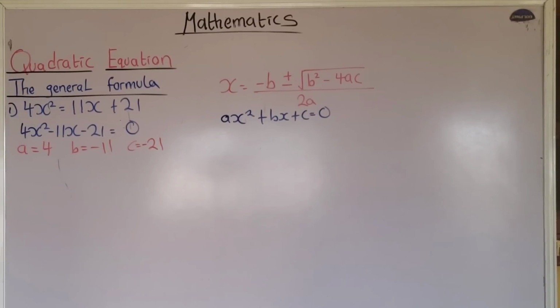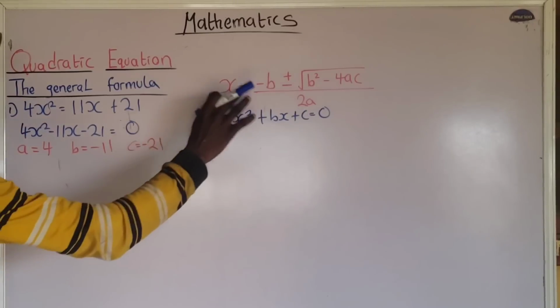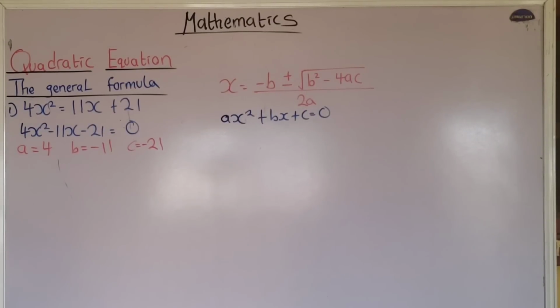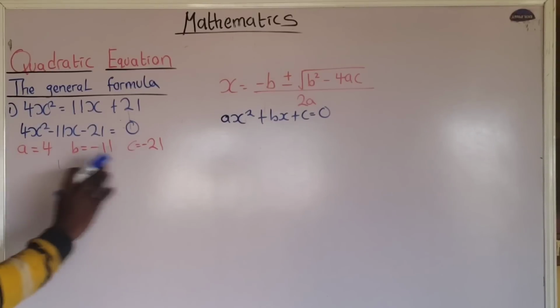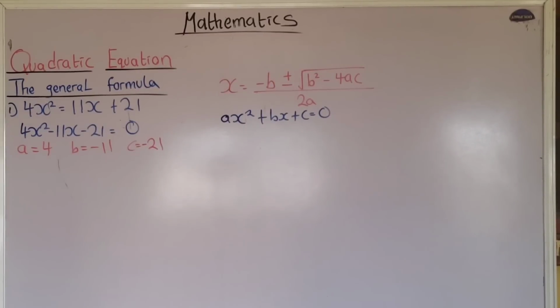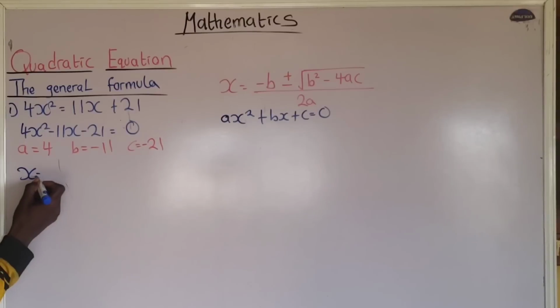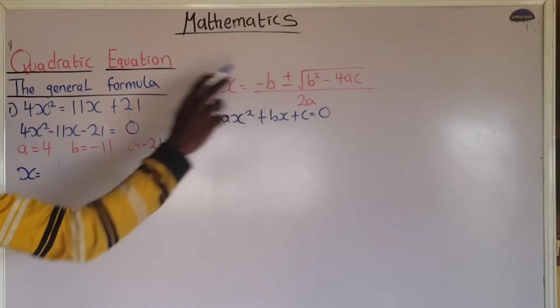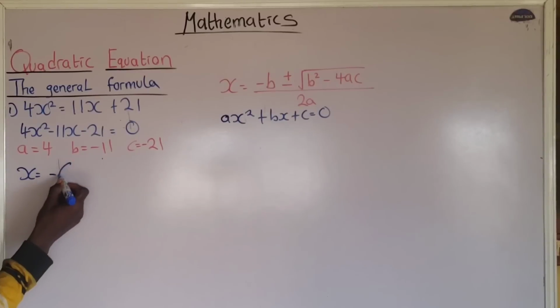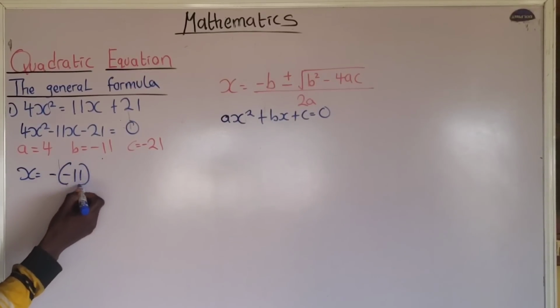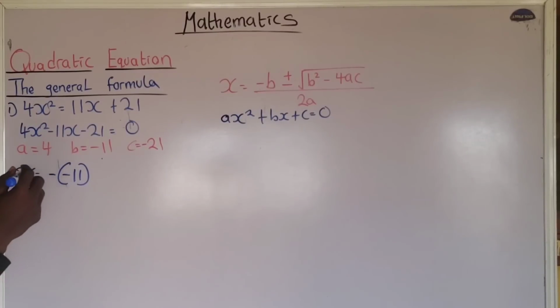So having identified your A, B, and C, you need to plug all these values into the quadratic formula and then simplify. Do you understand? Okay, so let us substitute all these values into the quadratic formula. So I'm going to have x equals minus b. Don't forget that b is what? Negative 11. So I'm going to have minus, in bracket, minus 11, because b is negative 11. Are you paying attention?